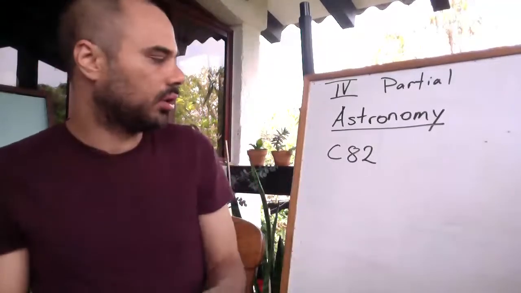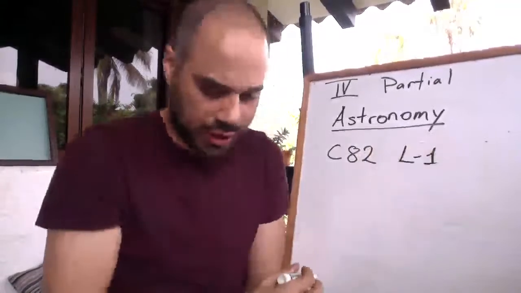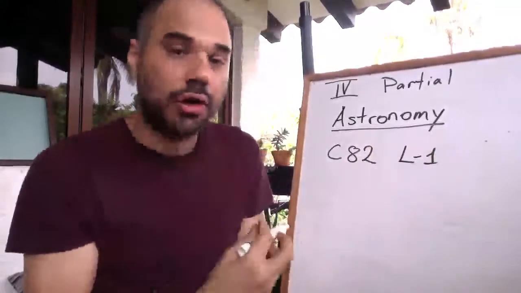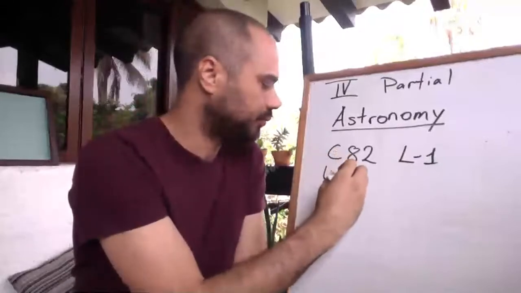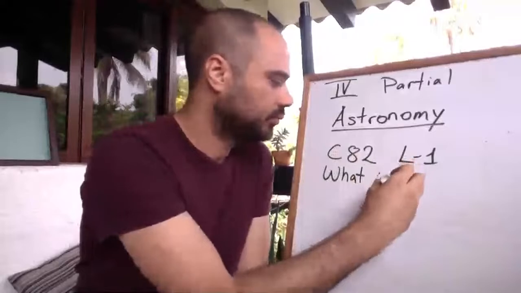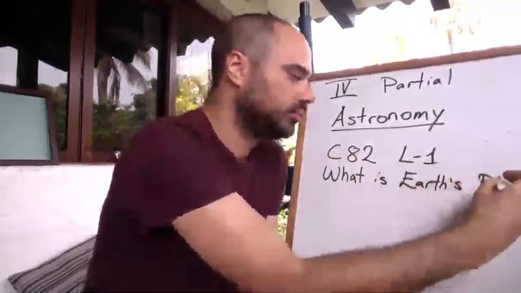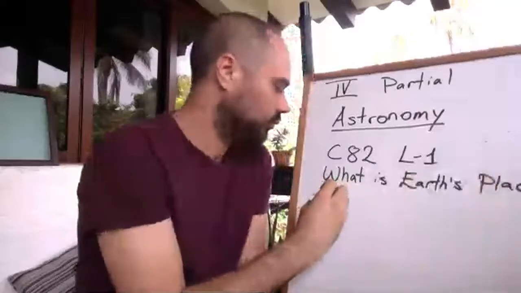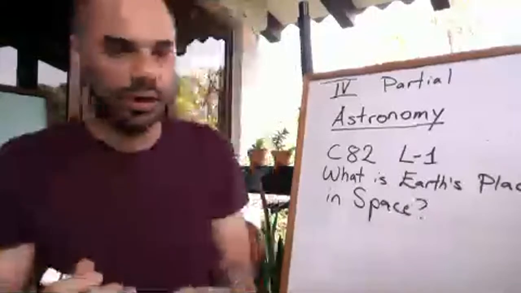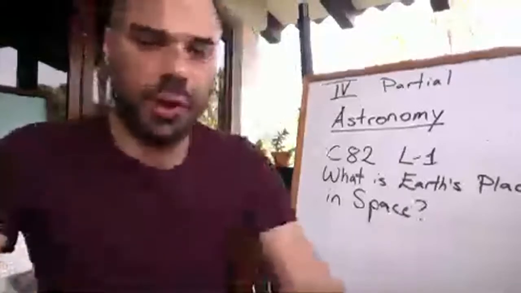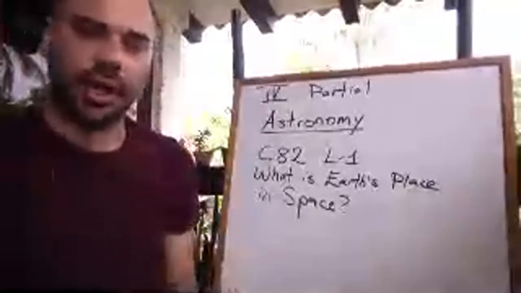Okay, so on page C82, we have lesson 1, which is what is Earth's place in space? So it's important for you guys to have your notebooks and your books ready.